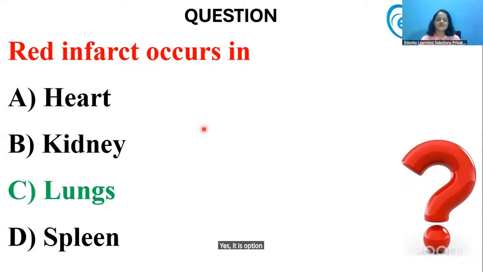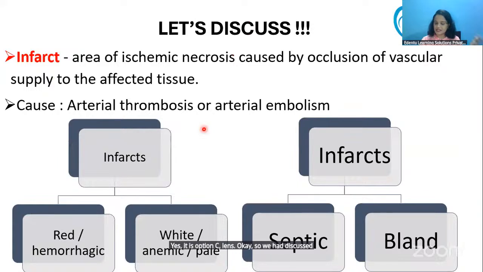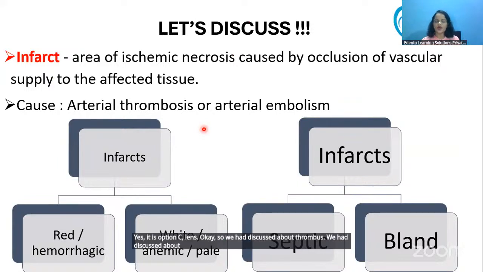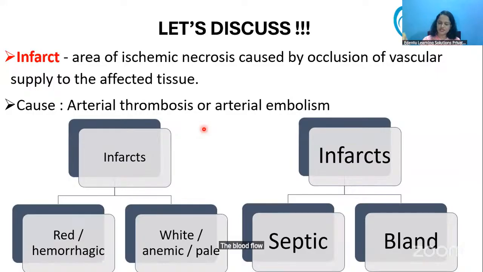So we had discussed about thrombus. We had discussed about emboli. Now we are going to discuss about infarct and what is the process of infarction. Because of this thrombosis or because of this embolism, the blood flow to a particular tissue or organ is getting occluded.